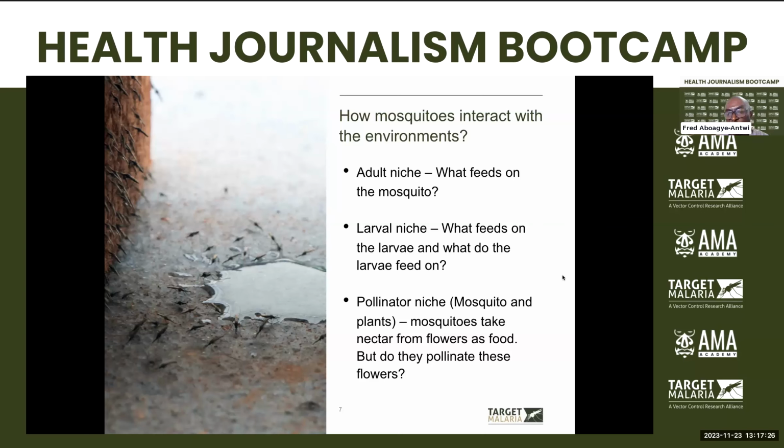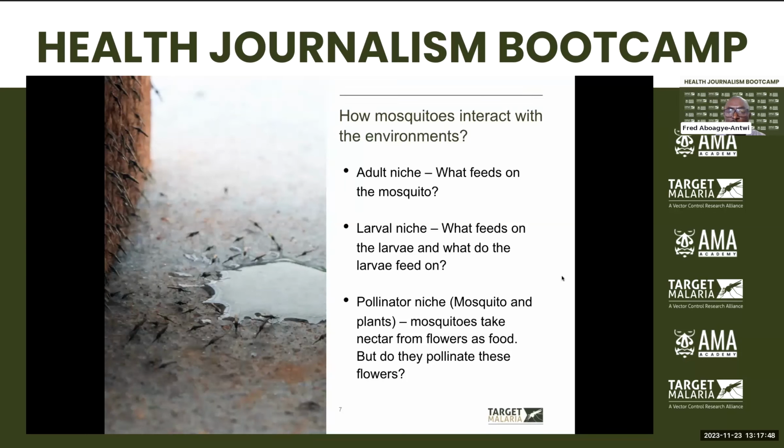And then in the water, where the young ones develop, we also want to find out how they interact with other organisms in the water. Do some organisms feed on them? And if they do, what will happen to those organisms if those mosquitoes are no more?